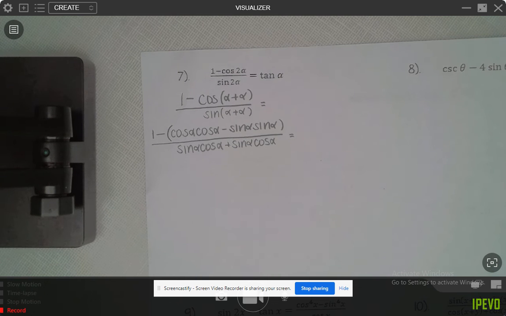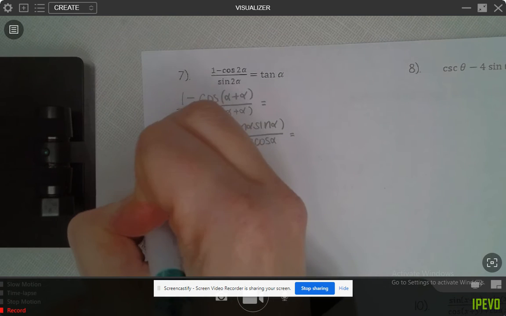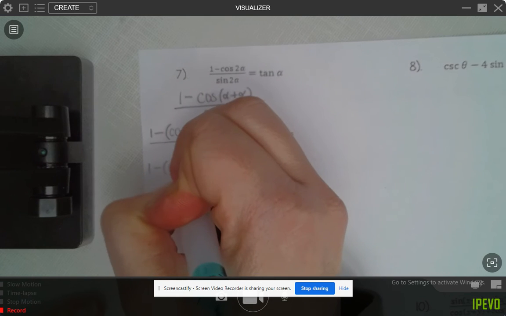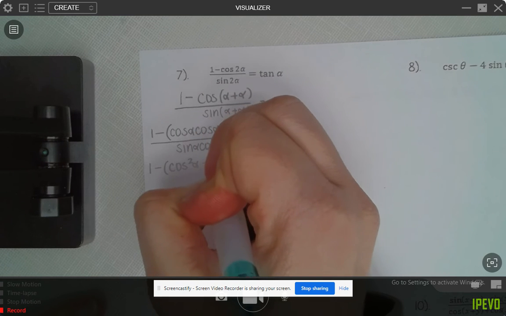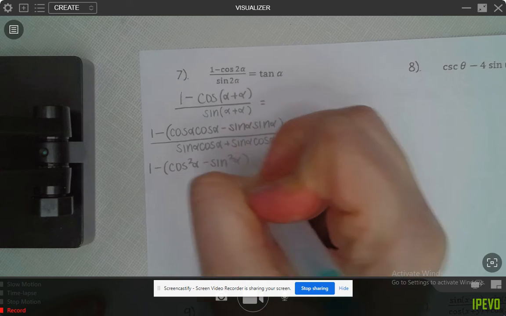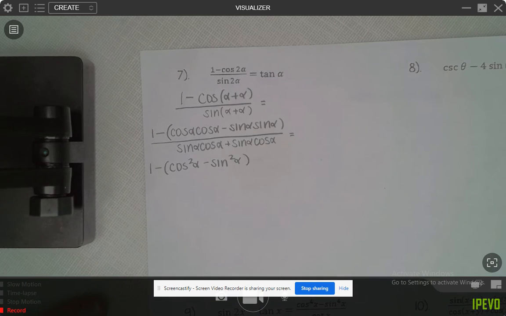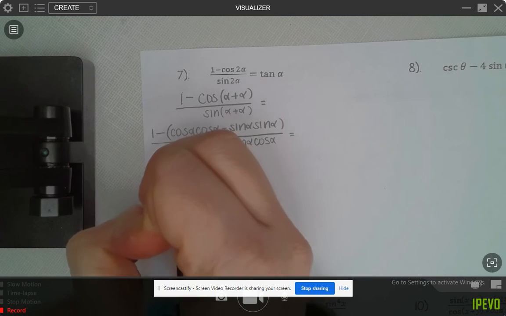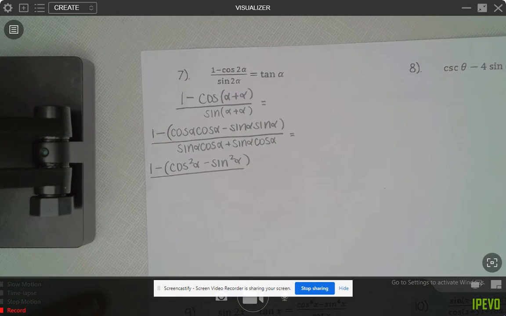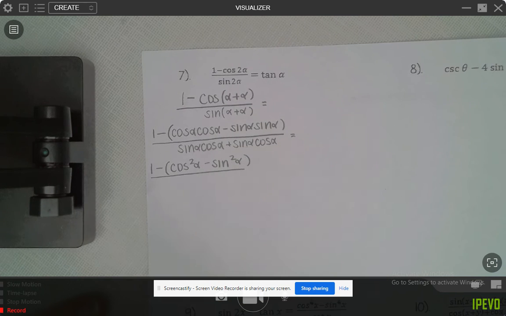Okay. What do you recognize next? The top ones are squared because it's cosine and cosine. You're multiplying them. So this is going to be 1 minus cosine squared of alpha minus sine squared of alpha divided by, now can I go ahead and combine these?